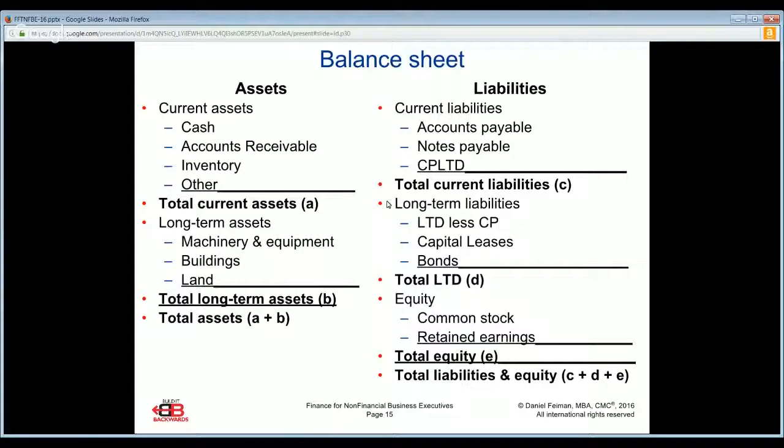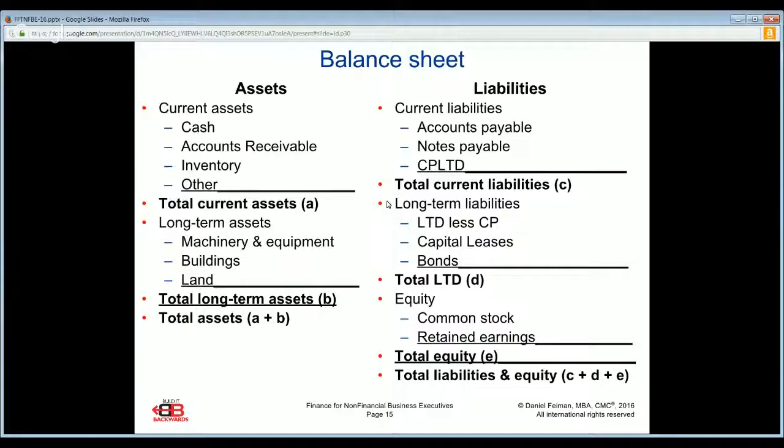Under long-term liabilities, we'll show the $5 million less the $500,000, which then moves up to the current portion of long-term debt. So the liability section is as revealing as is the asset section. What do we owe when? We've got our subtotal C of our current liabilities.